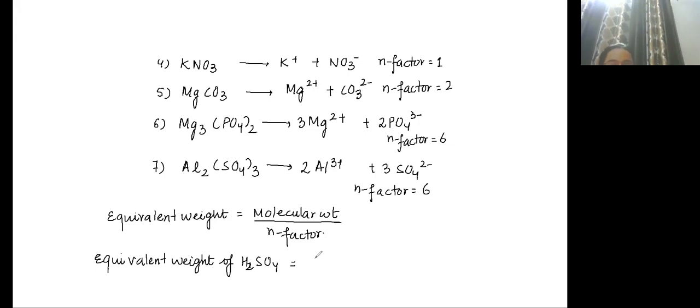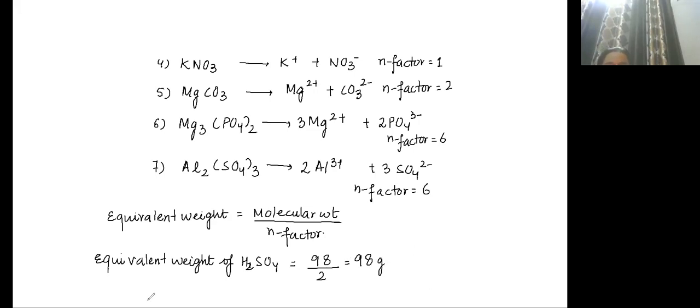Molecular weight of H2SO4 is 98 divided by N factor. What is N factor of H2SO4? N factor is 2.